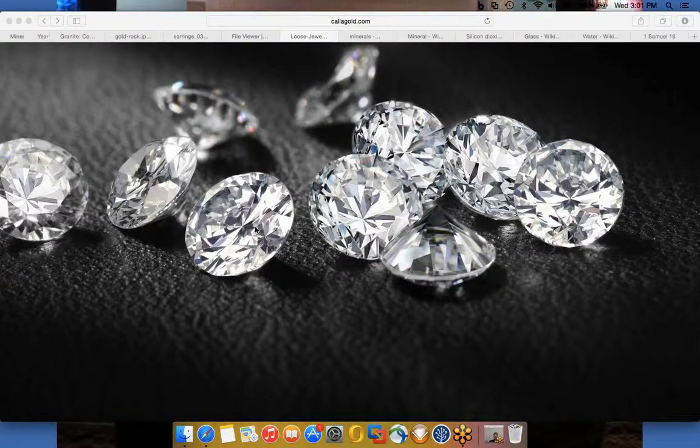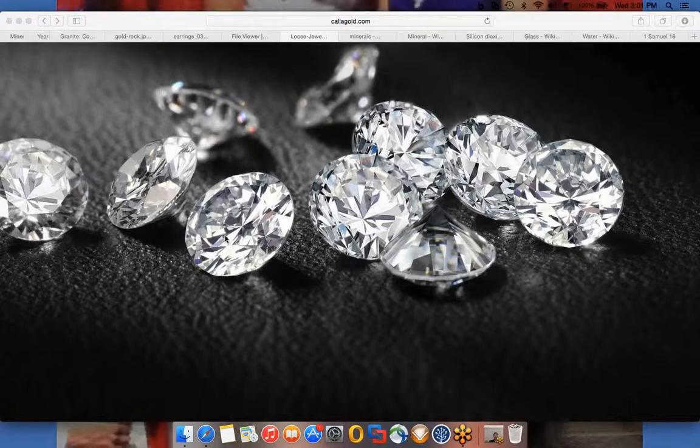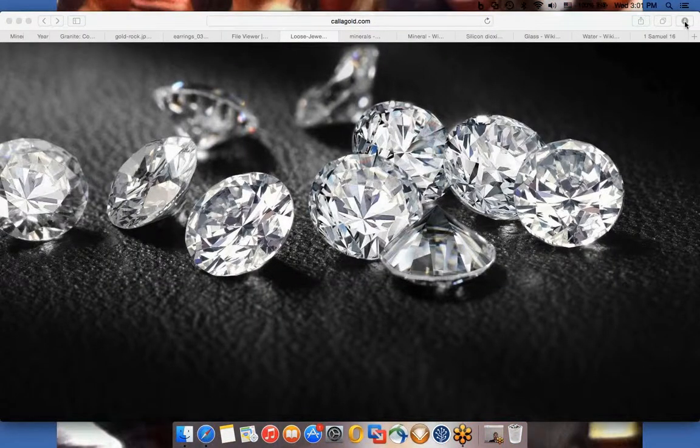Those are the trials that purify our life, that take out the impurities. Imagine if this piece of carbon would remain with the impurities, it would never be able to turn into a diamond.